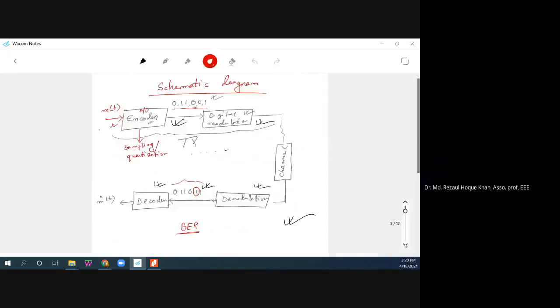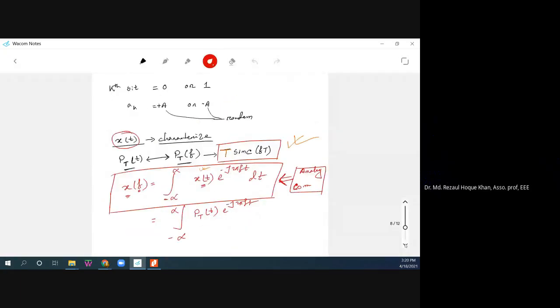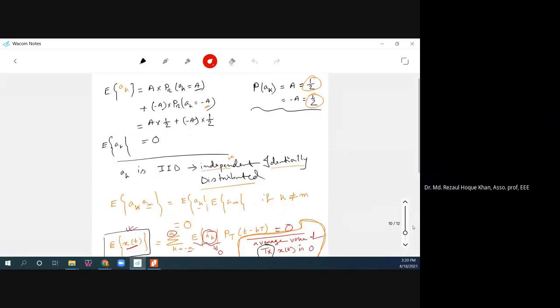Somewhere here we defined what kind of process it is. Yes, we defined previously that ak is IID, an independent identical distribution, which was expressed by this one.